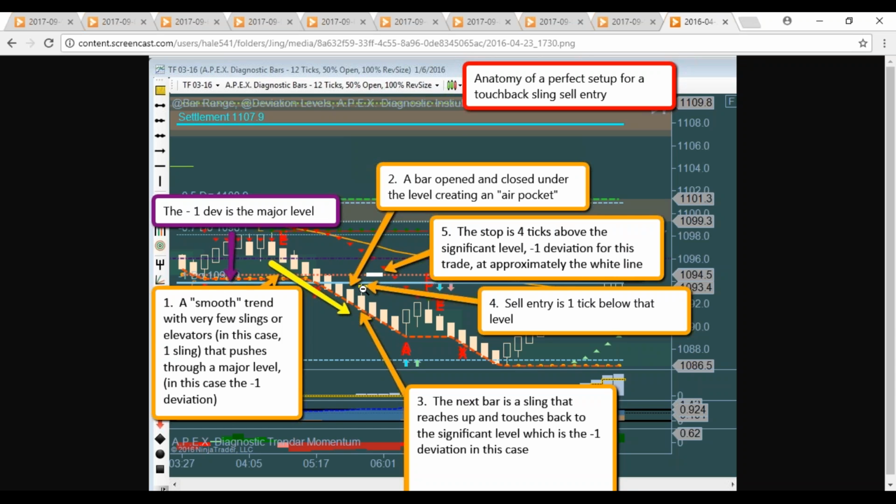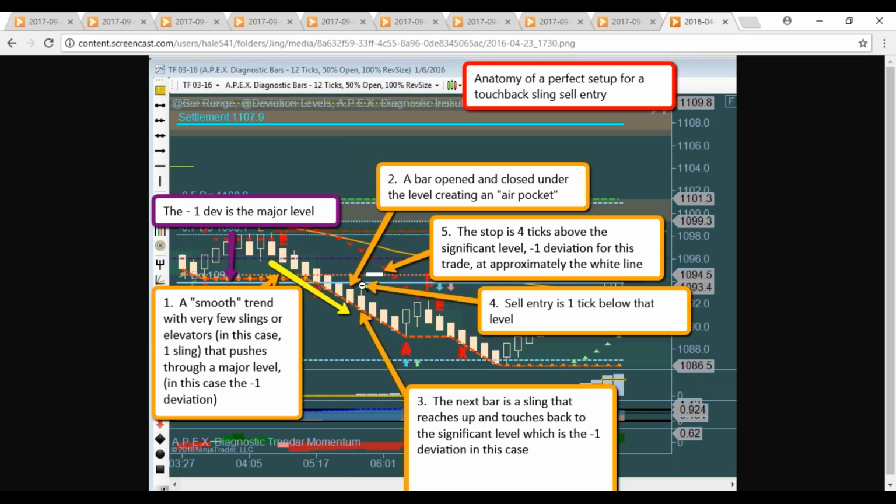Remember, the cool thing about this was, where is our stop? The stop is 4 ticks on the other side of that level. So how big is my stop there? 5 ticks, right? 5 tick stop.